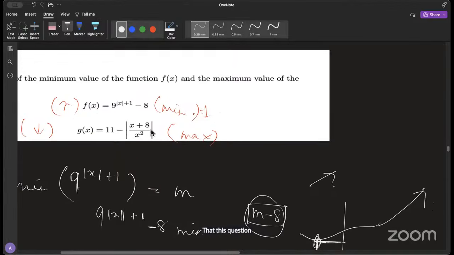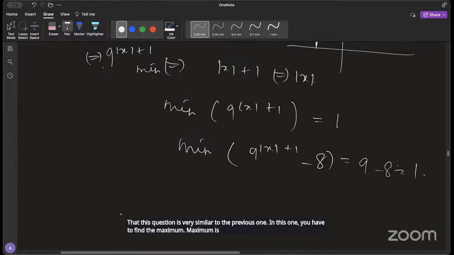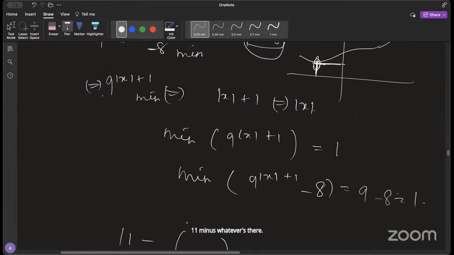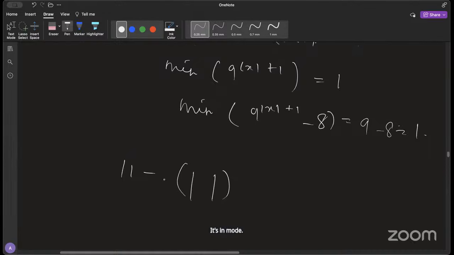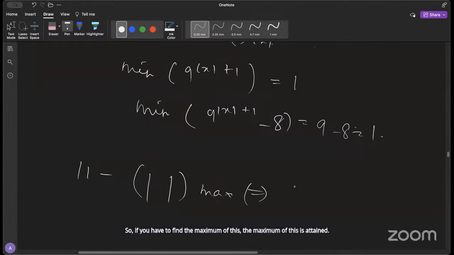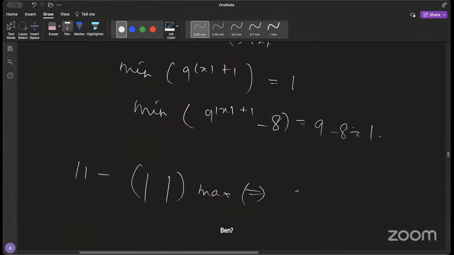This question is very similar to the previous one. In this one, you have to find the maximum. The maximum is 11 minus whatever is there. It's in mod. So if you have to find the maximum of this, the maximum is attained when this mod function is minimum.